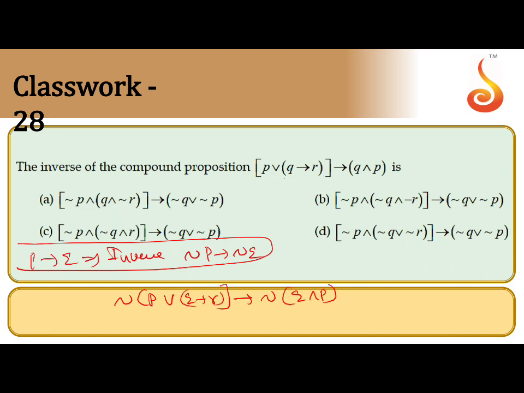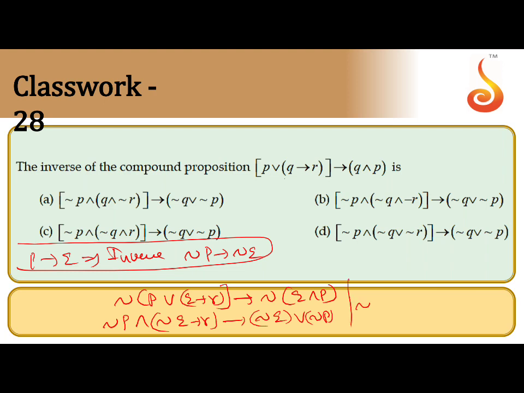Do it slowly. Just apply the property, negation of P, OR becomes AND, and negation of Q AND R. I apply negation first. So negation of Q means negation of Q, AND becomes OR, negation of R. That's clear. Now what extra is there? Negation of Q, then R is there.